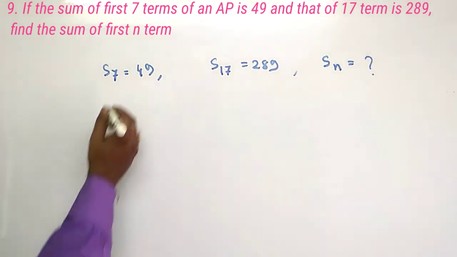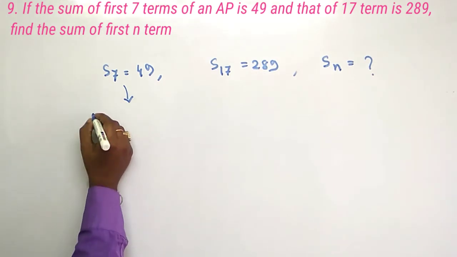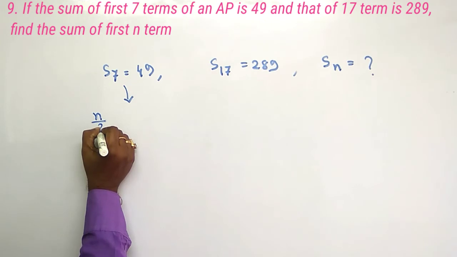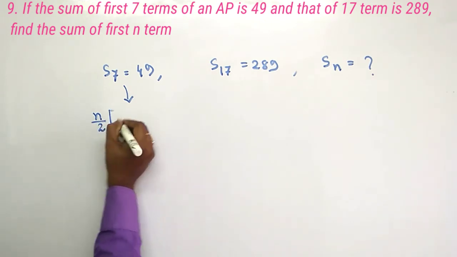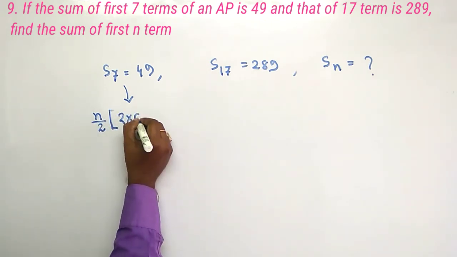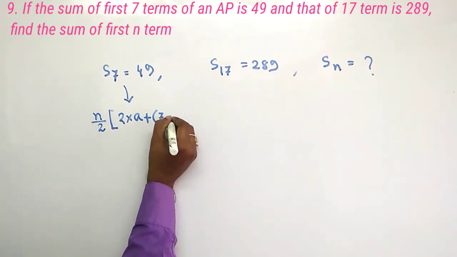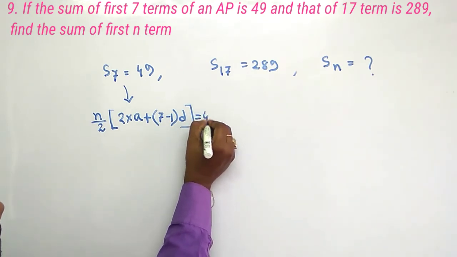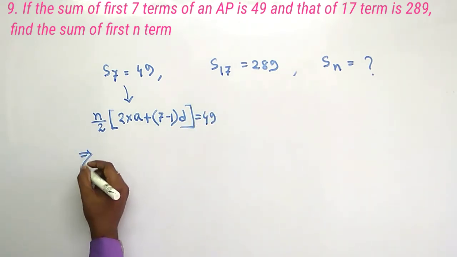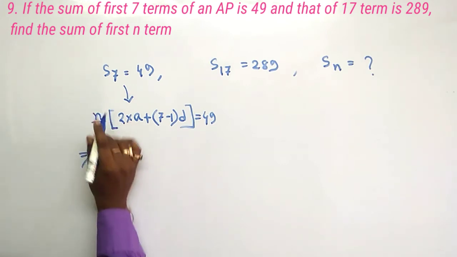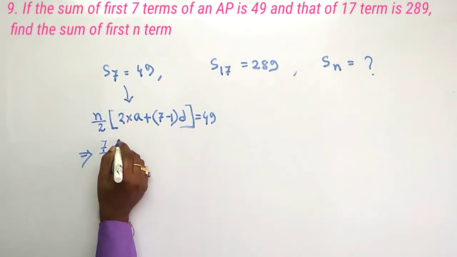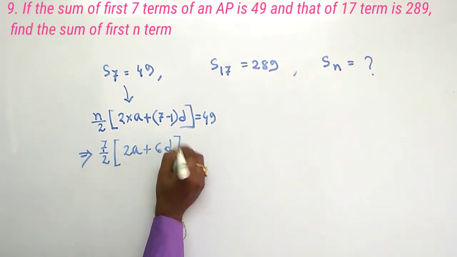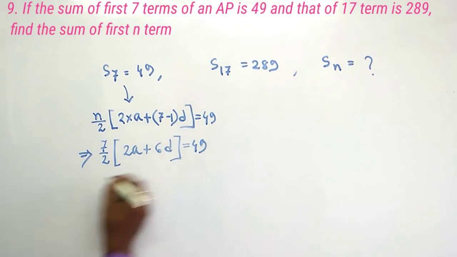From these two equations, what we can write? n by 2 within bracket 2 into A plus 7 minus 1 into D equals to 49. Here n is what? 7. So we can write here 7 by 2 within third bracket 2A plus 6D equals to 49.